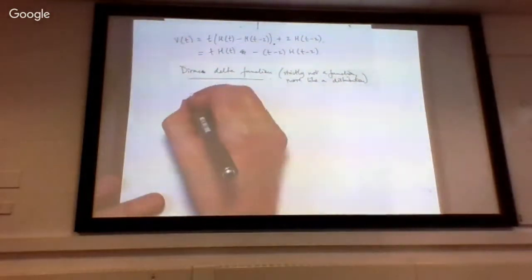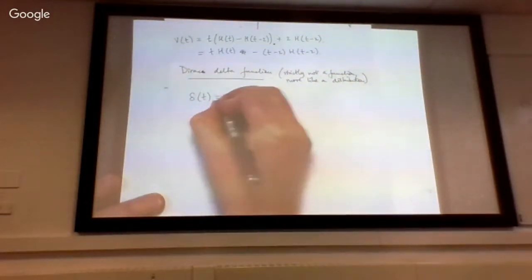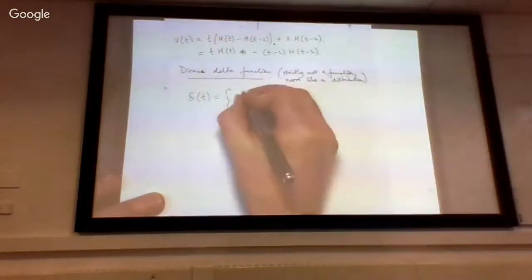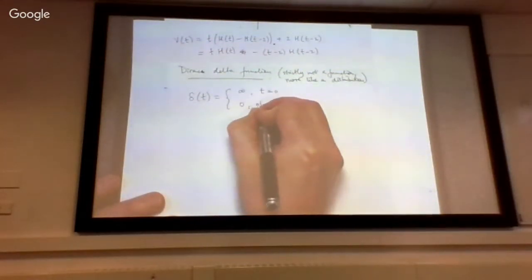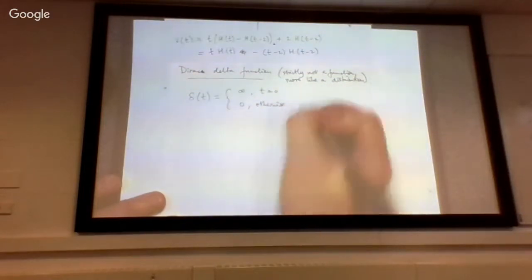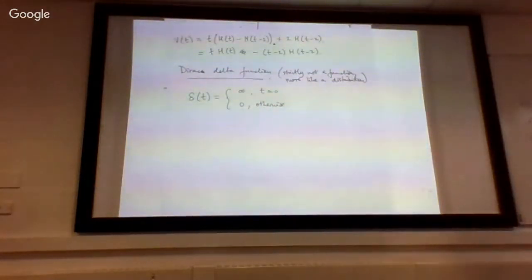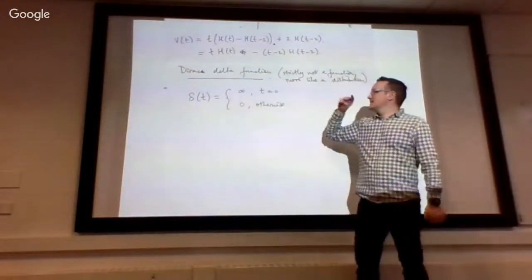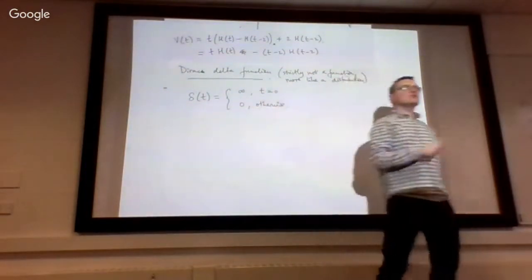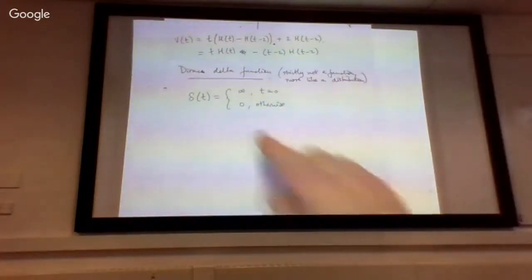But to just accept it for the moment and use the word function, it's fairly quick to describe. And it's quite exciting. Well, most of the time it's boring. It takes 0 at every value of t, except at t equals 0. I mean, how much more exciting could it be?